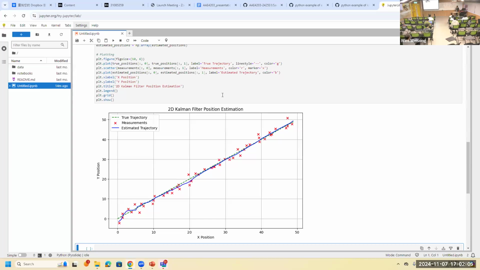Okay. So any questions for this formulation? If not, let's start with the Kalman filtering.